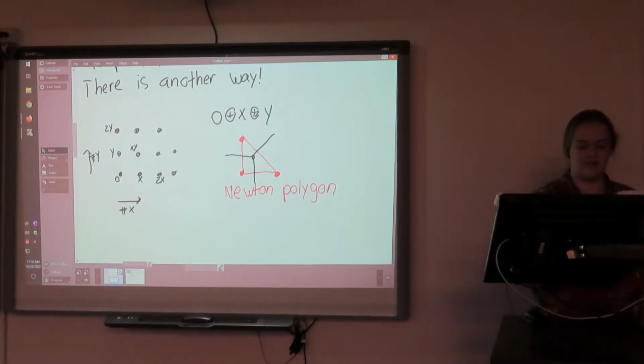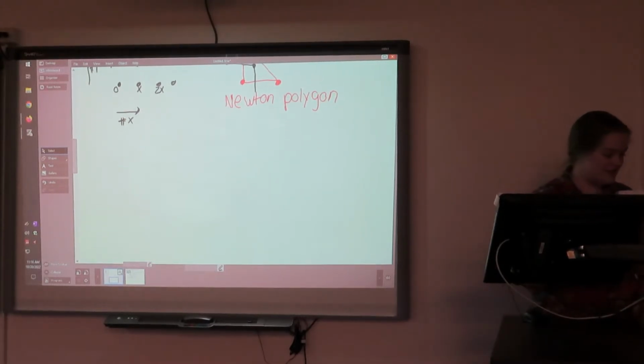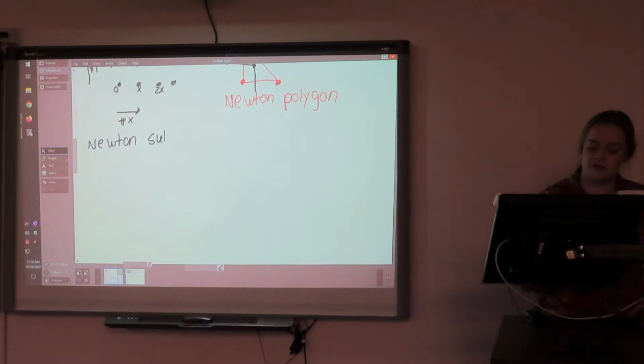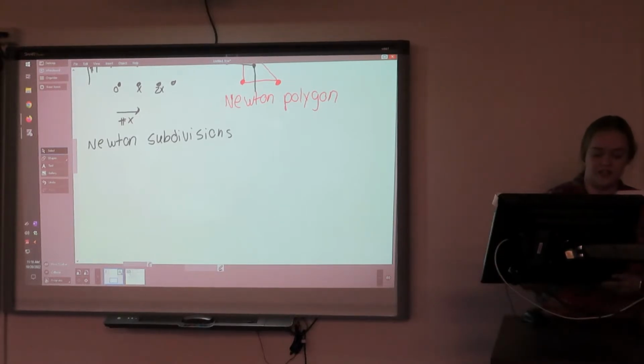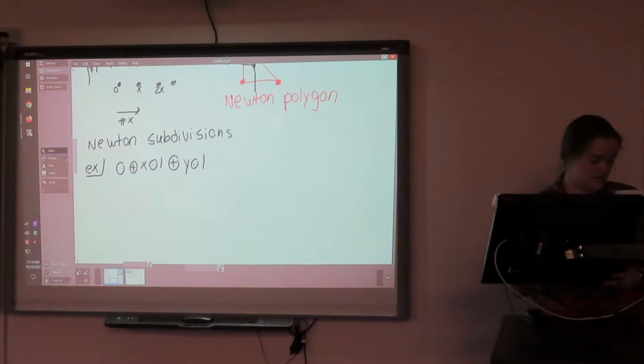You have to do one more step otherwise, and that's we're going to look at Newton subdivisions. Okay, so for this part, we're going to look at 0 plus x times 1 plus y times 1 plus x times y.